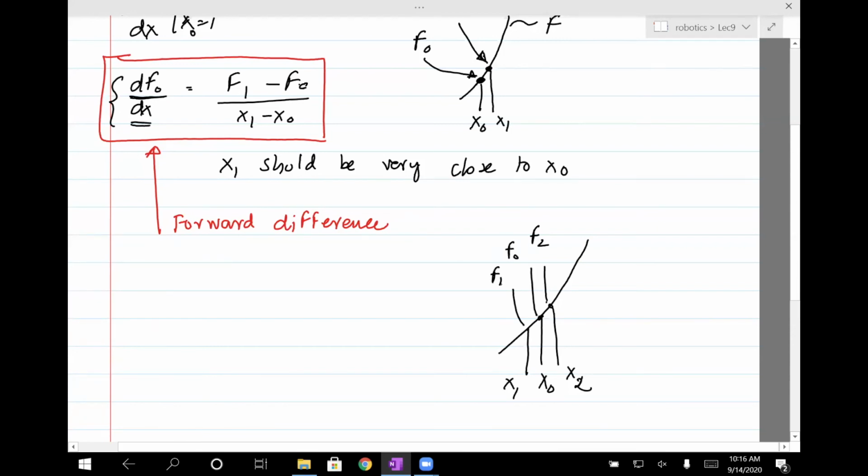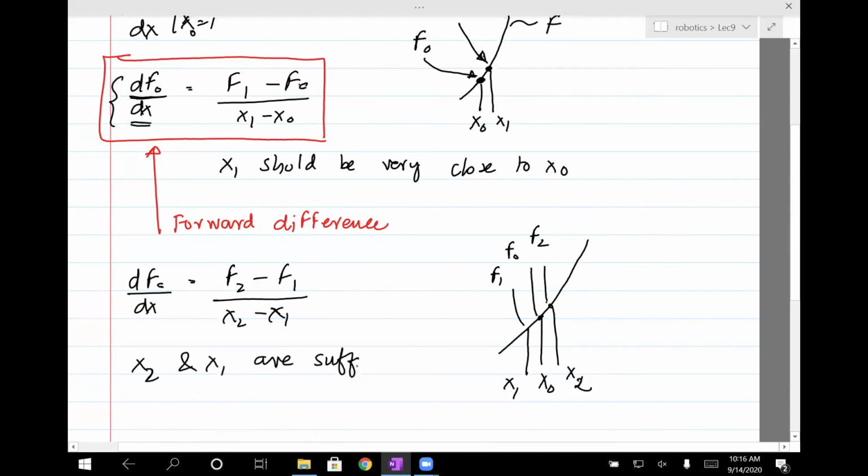You actually don't need the value of f0. You only need two values, f2 and f1. So then you find df0 dx equals f2 minus f1 divided by x2 minus x1. Again, x2 and x1 are sufficiently close to x0.